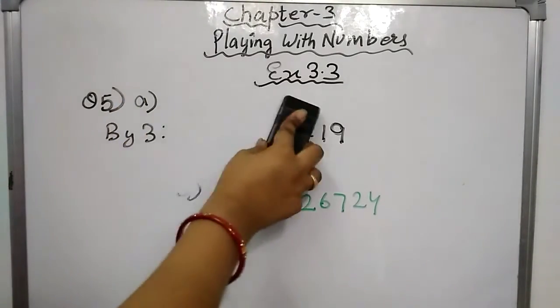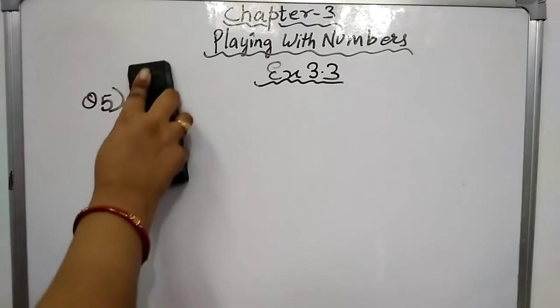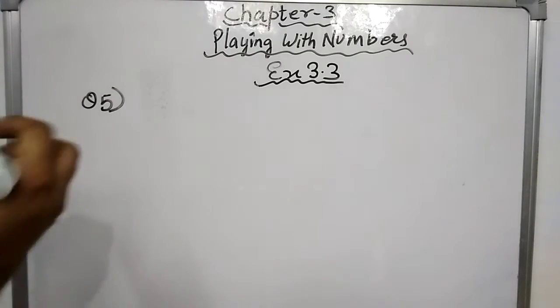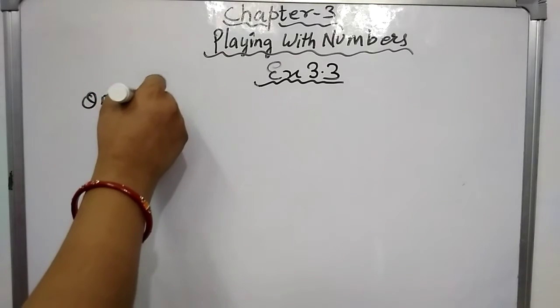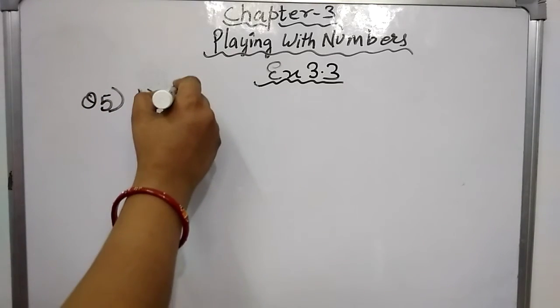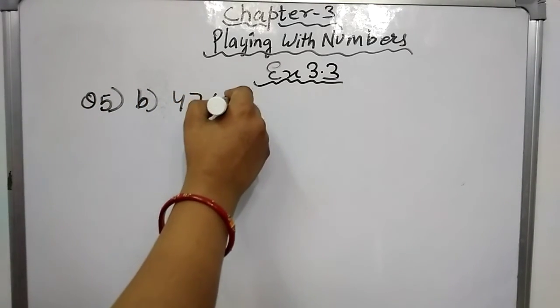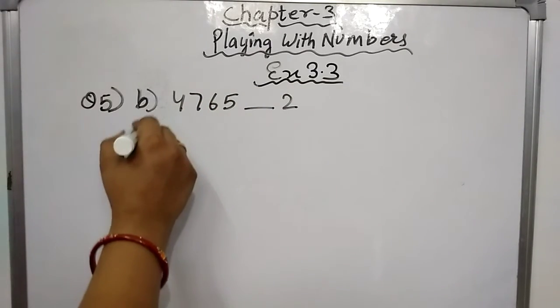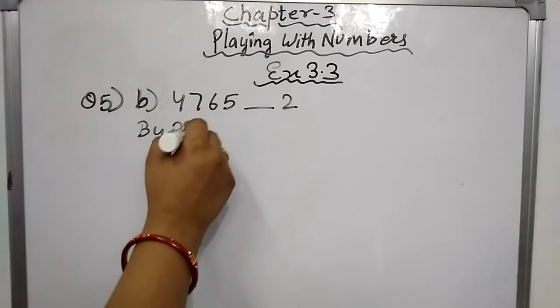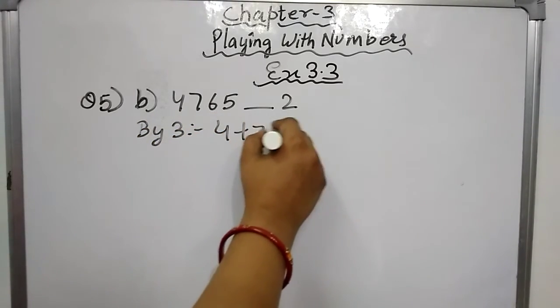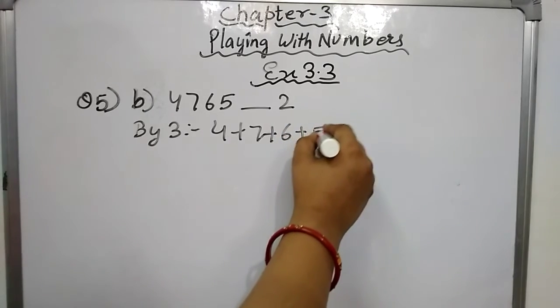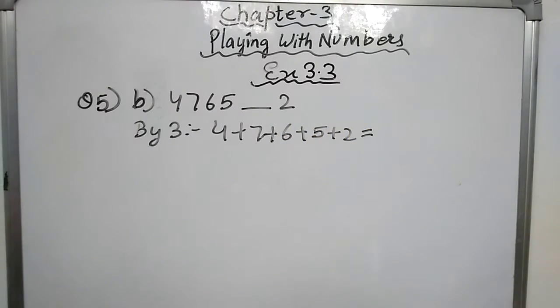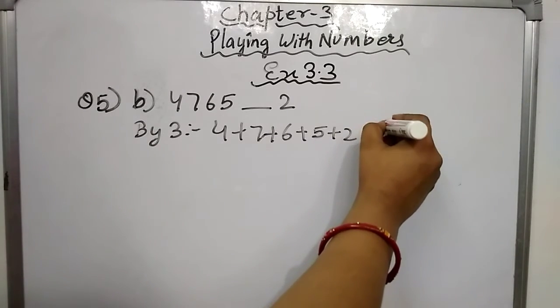Let's take another part. This is the given number with a blank space. This should be divisible by 3. So add all the given digits: 3 plus 7 plus 6 plus 5 plus 2. It gives a total of 24.